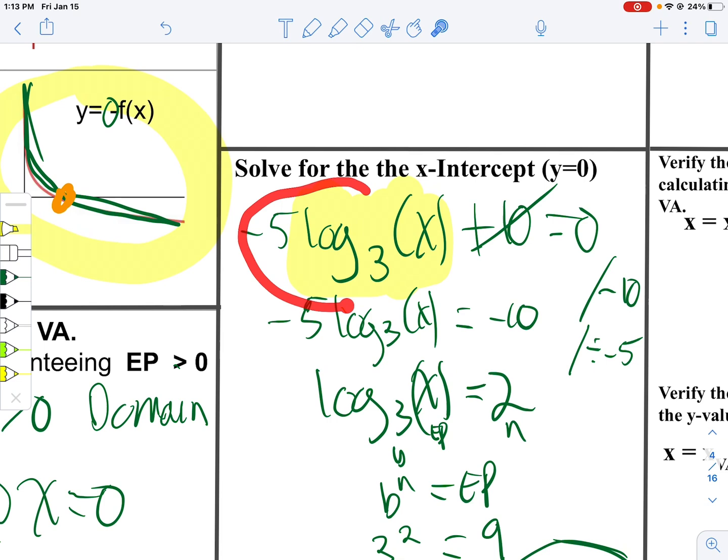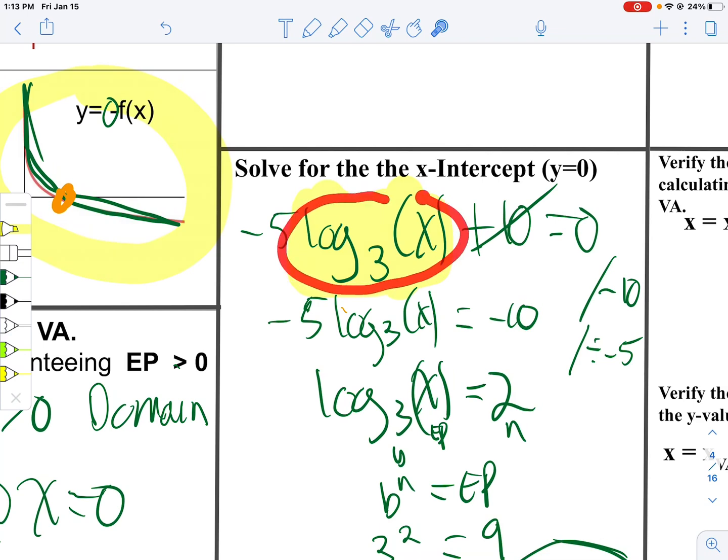So that means this has to be negative 10. Negative 5 times something is negative 10. What do I multiply negative 5 by to get negative 10? Positive 2. Look at that. I need positive 2 for that exponent, that log.